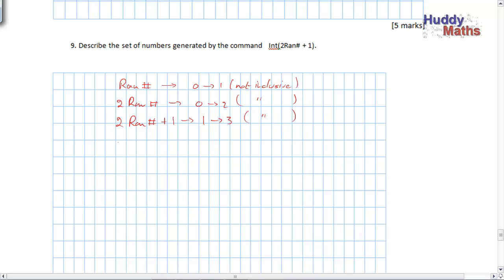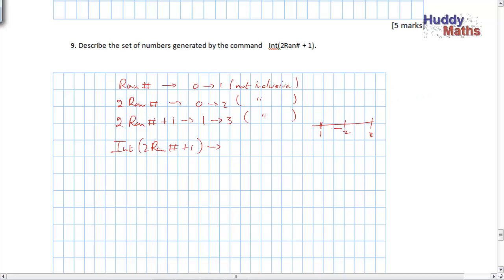Now what does int do? Int of 2 random number plus 1 integerises the numbers, but it doesn't round to the nearest one. Int rounds it down, it takes it to the next integer below. So here, just explaining this, we've got numbers starting here but not including it, up to 2.